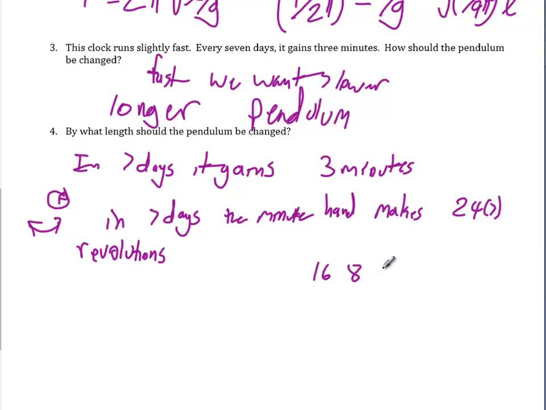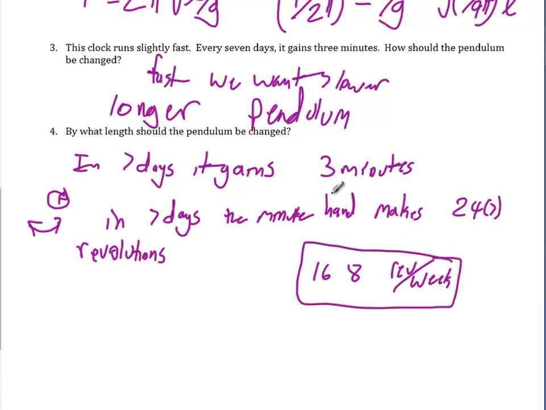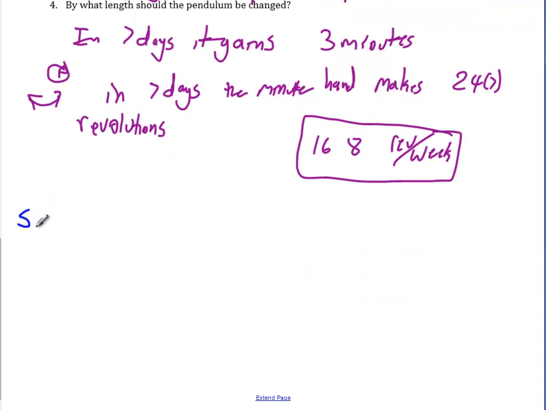That's 168 revolutions per week. That's what it should make. So I'm going to write that over here. Should be 168 revs of the minute hand in 1 week.